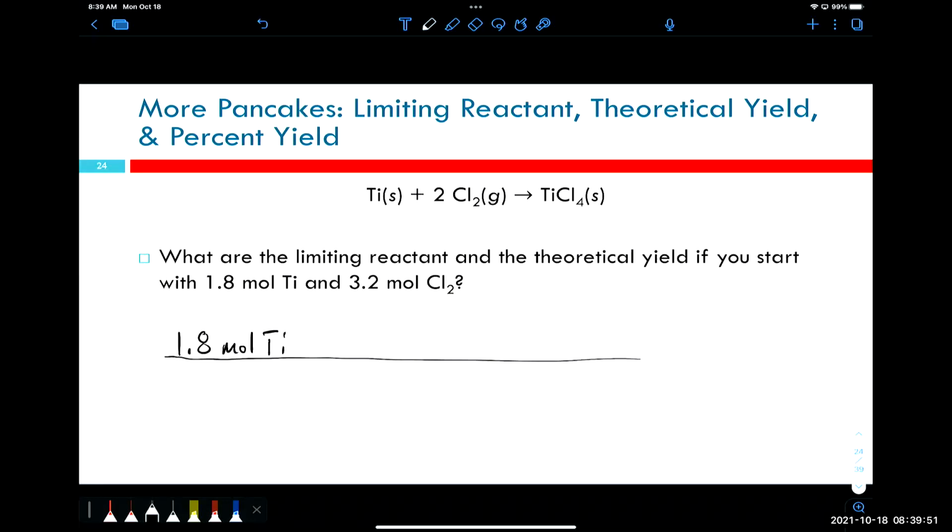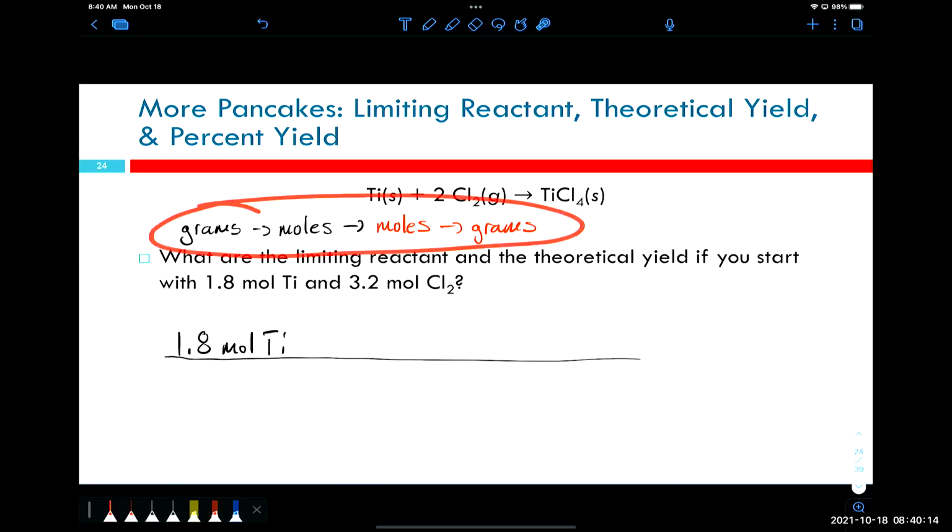A lot of times, not in this example, that involves going from grams to moles. And then we'll go to moles of something else based on our reaction equation, and then to grams. So that's the outline for all of these, and really every question in this chapter.